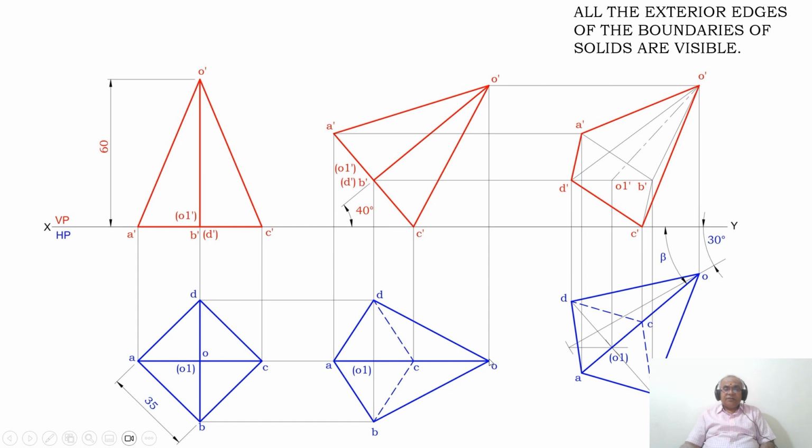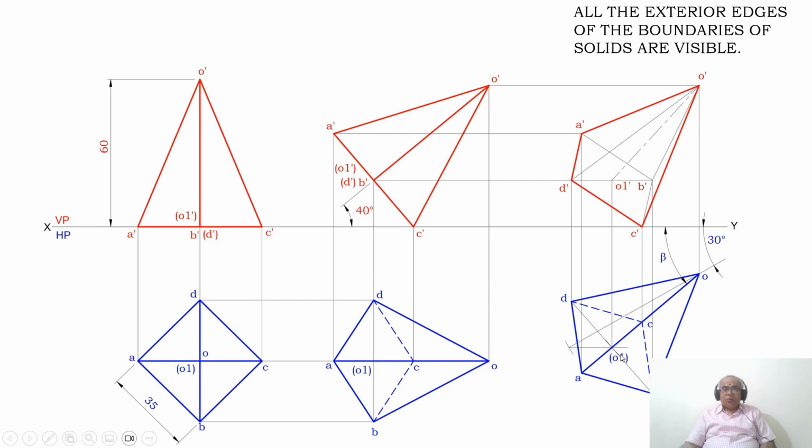Then you measure the distance from O to A and transfer it from this O onto that apparent inclination line. So you mark that point as A. Similarly, you measure the distance from O to C. From O, you cut an arc on that beta inclination line and you mark that point as C.